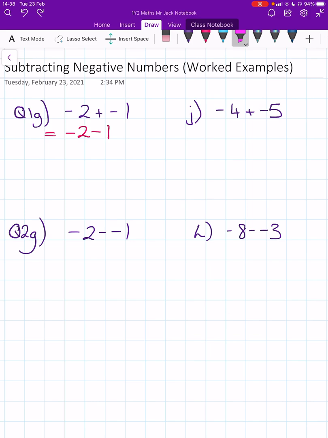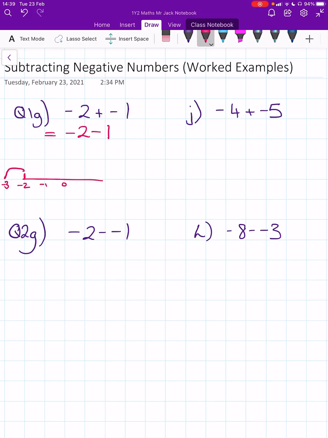Now, what does this question mean? Well, it means that we start on -2. So if you imagine a number line, I'm just going to draw a very rough sketch here. That would be 0, -1, -2. We're starting here on -2, and then we're going one place in the negative direction. So that's going to be -3, isn't it?